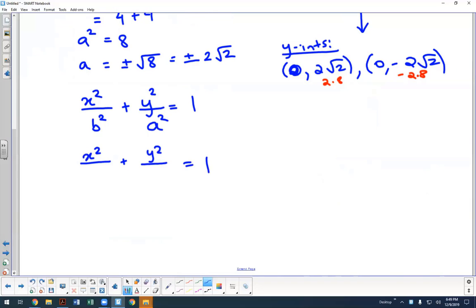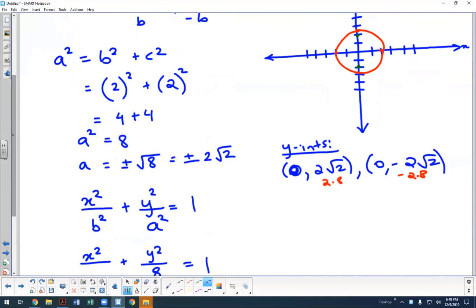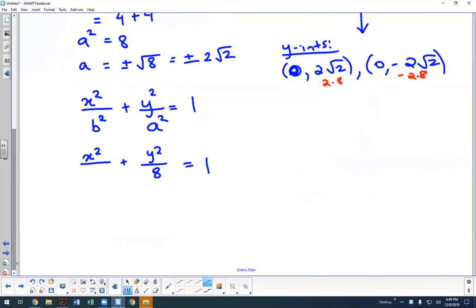So a squared was 8. What was b squared? 4. So that's going to be your equation. So literally, the larger denominator goes under where you have the longer axis, basically.